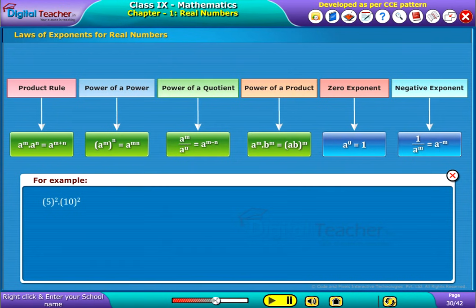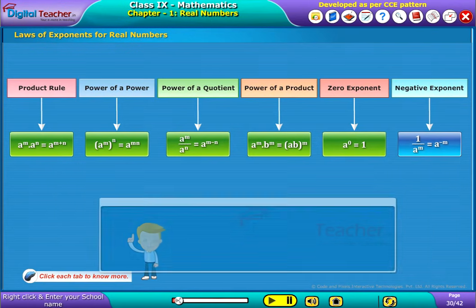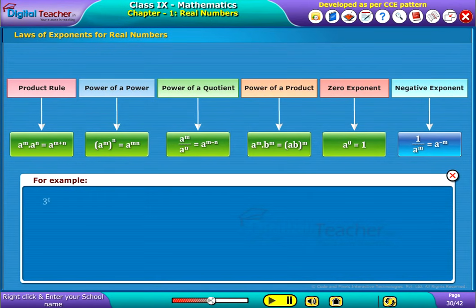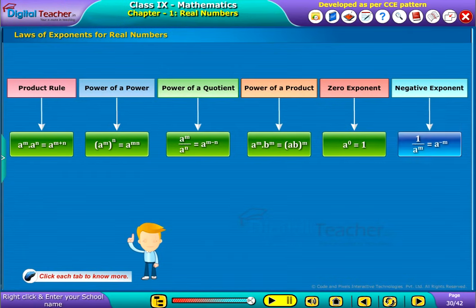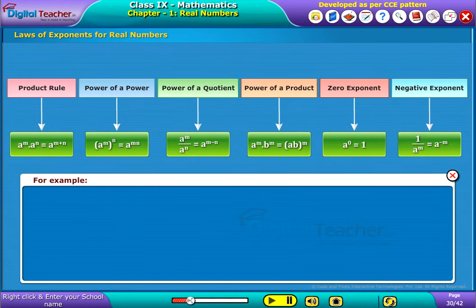As powers are same, it can be written as 5 into 10 power 2, that is equal to 50 power 2. For example, 3 power 0 is equal to 1. For example, let us consider 1 by 2 power 3, which is equal to 2 power minus 3.